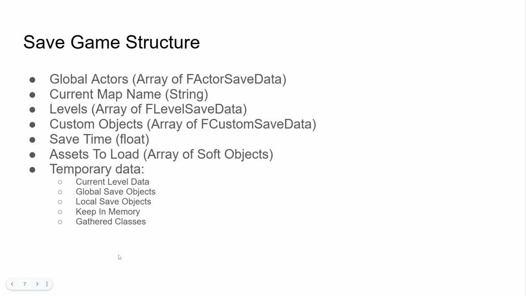Other gathered classes: when there's a big list of actors that it needs to restore, this makes sure you can easily access all of the actors that you need to load into memory before starting spawning actors.